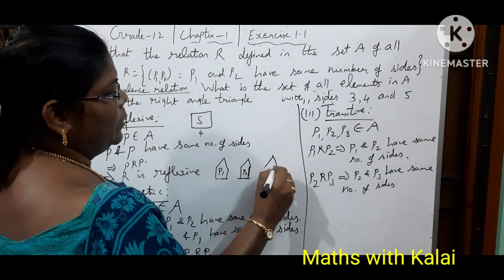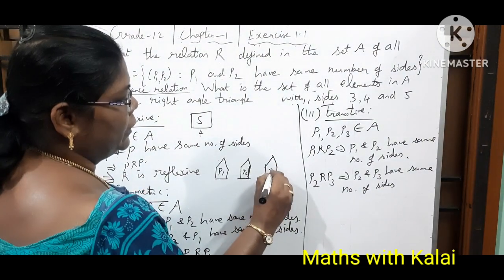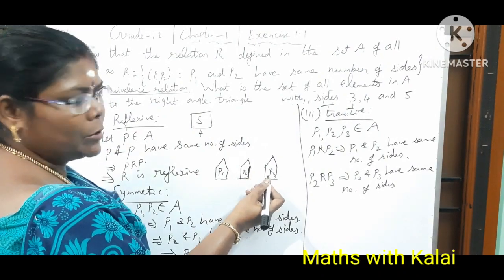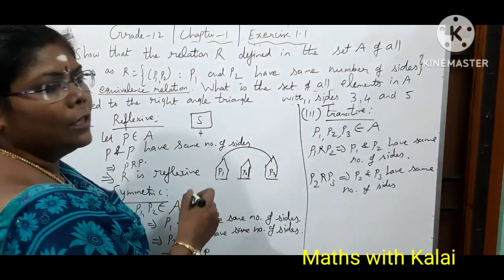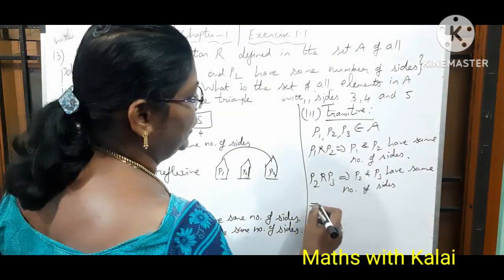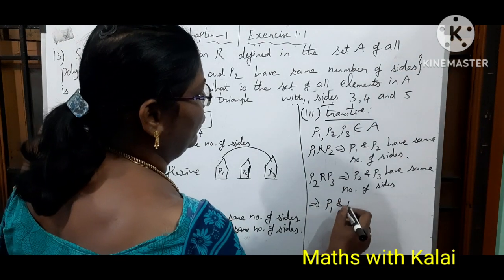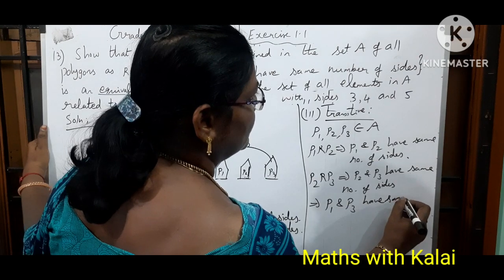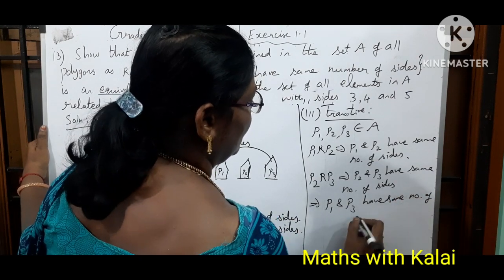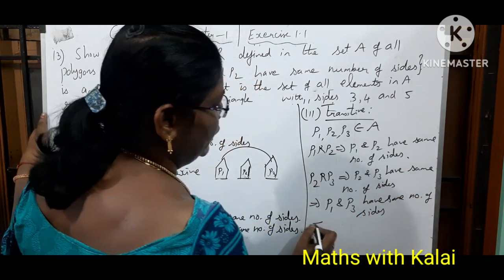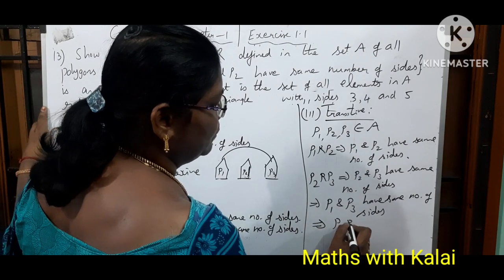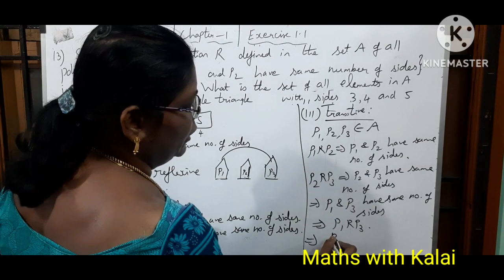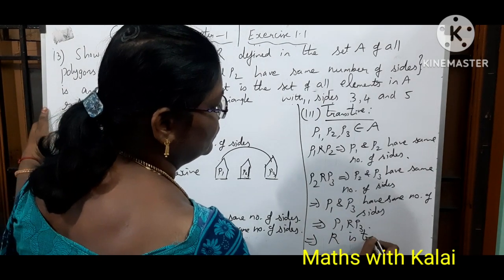Now, I am taking one more polygon here as P3. If these two have the same number of sides and these two have the same number of sides, then automatically 1 and 3 also will have the same number of sides, right? I can write this as P1 and P3 have the same number of sides. In terms of relation, I can write P1 related to P3, which implies the given relation R is transitive.